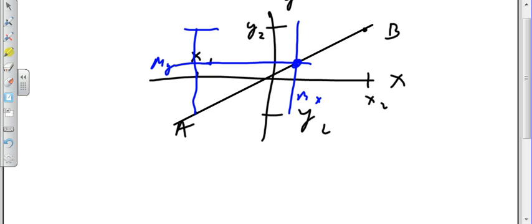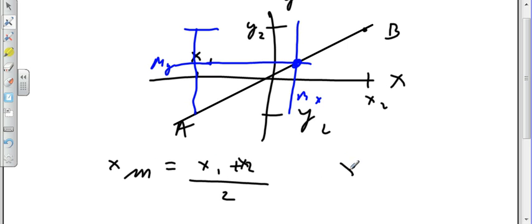So we have a formula, and it says the midpoint in the x direction is going to be x1 plus x2 divided by 2. And the midpoint in the y direction is going to be y1 plus y2 divided by 2.